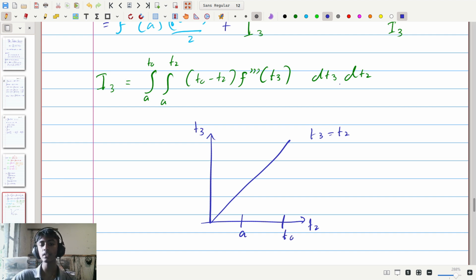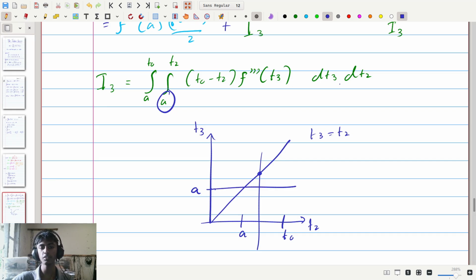So now then we have this. As we vary t2 like this, t3 is going to have to be varied between a and the current value of t2. So here, t2 is over here.